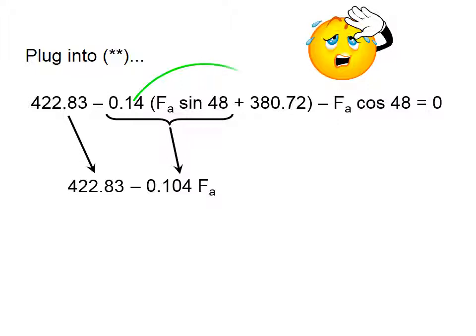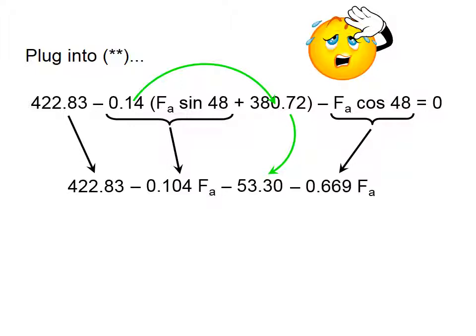Now we're going to distribute the 0.14 with the 380.72, and that will lead you to negative 53.30. Remember, there's a negative sign in front of that 0.14. Similarly, I'm going to find the decimal form of cosine 48, which must be 0.669. That whole thing should equal 0.